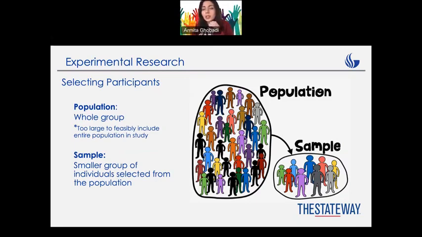So we're going to try to have different races, people of different backgrounds in our samples, students of different departments, to have a good and decent sample. So the sample is always going to be a smaller group of that population, and for experimental research, it has to be a good representative of that population.